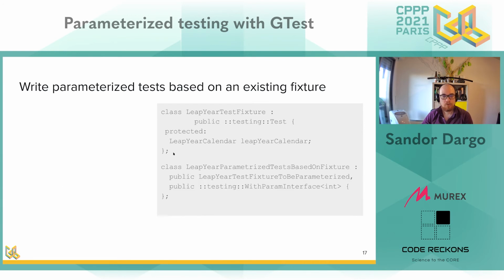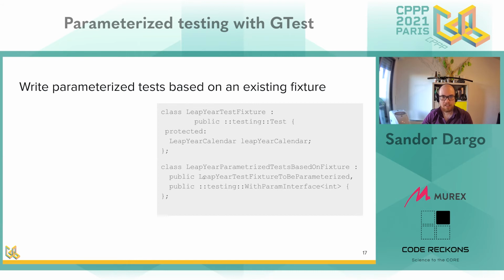So I removed the test cases just to save some space, and then we see that we declare a new class, LeapYearParameterizedTestBasedOnFixture, and we inherit from two classes. One is LeapYearTestFixture, to be parameterized. The previous one, I shortened my code a bit and forgot to update this name here.